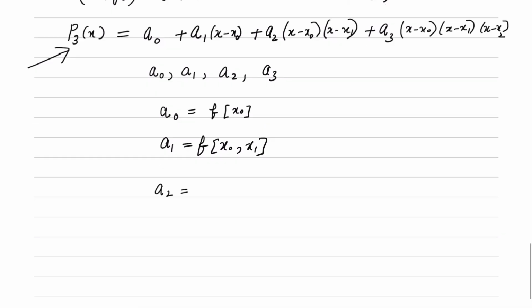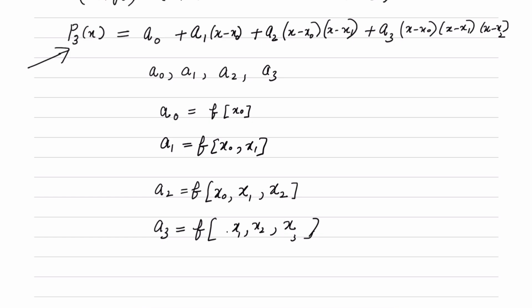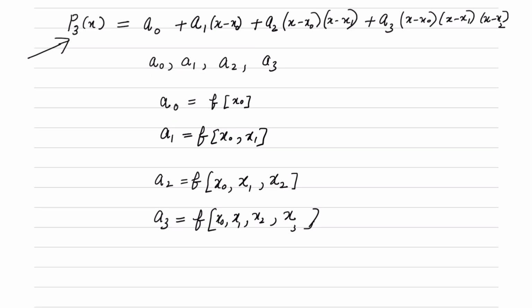A2 is f of, since this is a2, you stop at x2 and all x's behind x2 are x1 and x0. The same way we can define a3, which is f of square bracket, since it's a3, you stop at x3 and all x's behind x3 are x2, x1 and x0. This is how we write a's in the divided difference notation.